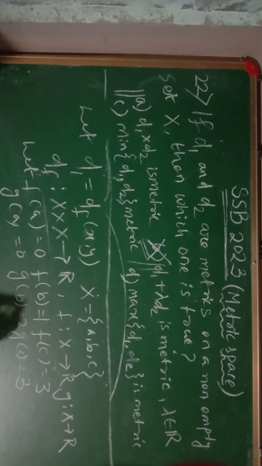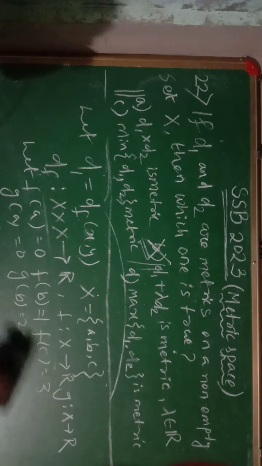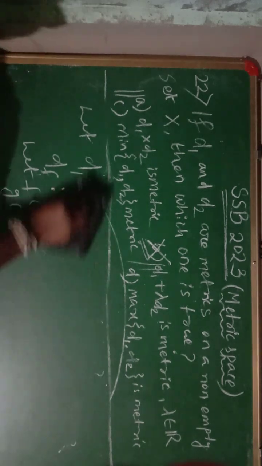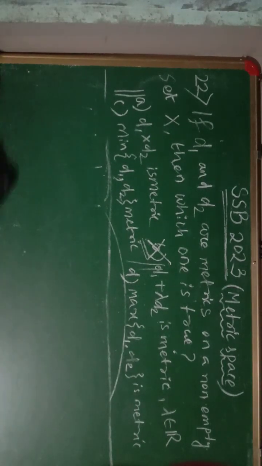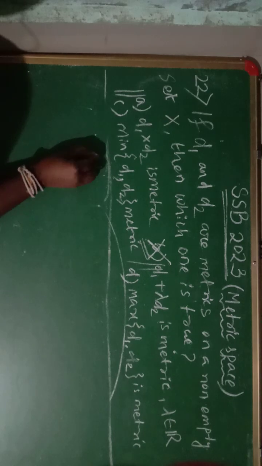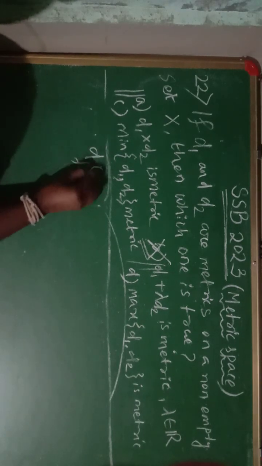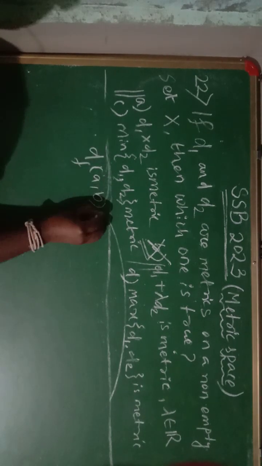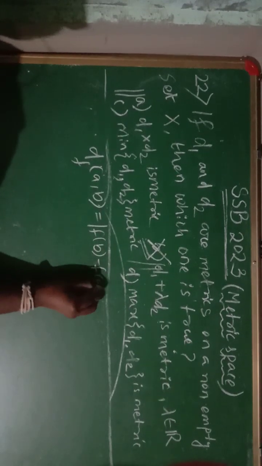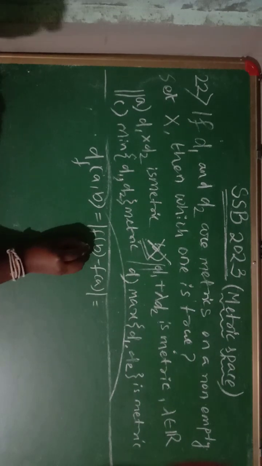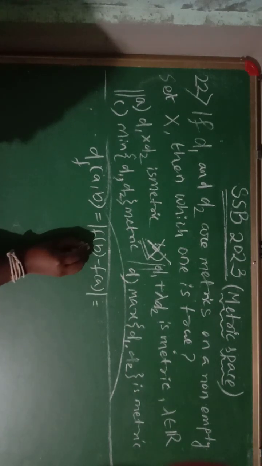Now we find DF of A comma B, DF of B comma C, DF of C comma A. DF of A comma B is equal to modulus of F of B minus F of A. What is the value of F of B? We take F of B equals 1.